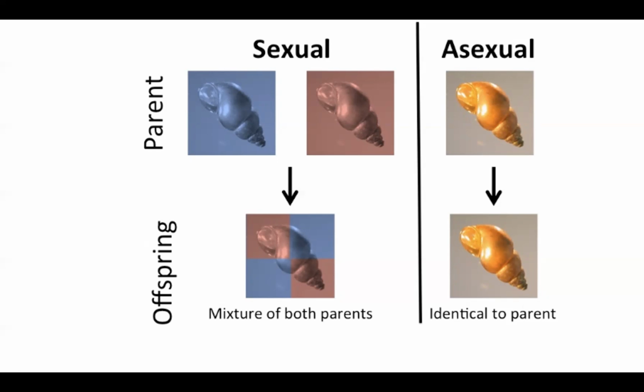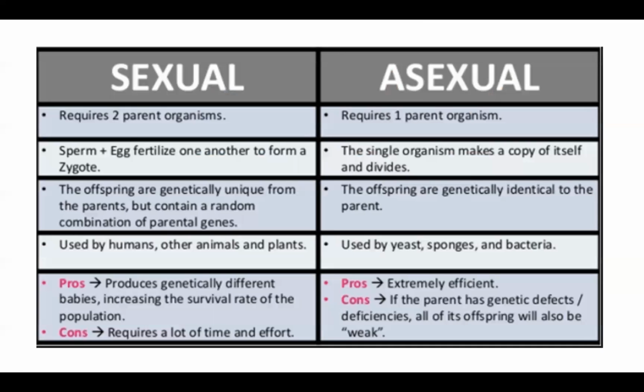Okay. So real quick, jot these points of comparison down for sexual and asexual reproduction. It would be very beneficial for you to maybe snap a picture of this, but I'm recording this as well, so you'll be able to come back to it. Sexual reproduction, we know that it requires two parent organisms. In the human, we're going to have the sperm and egg being fertilized to form a zygote.